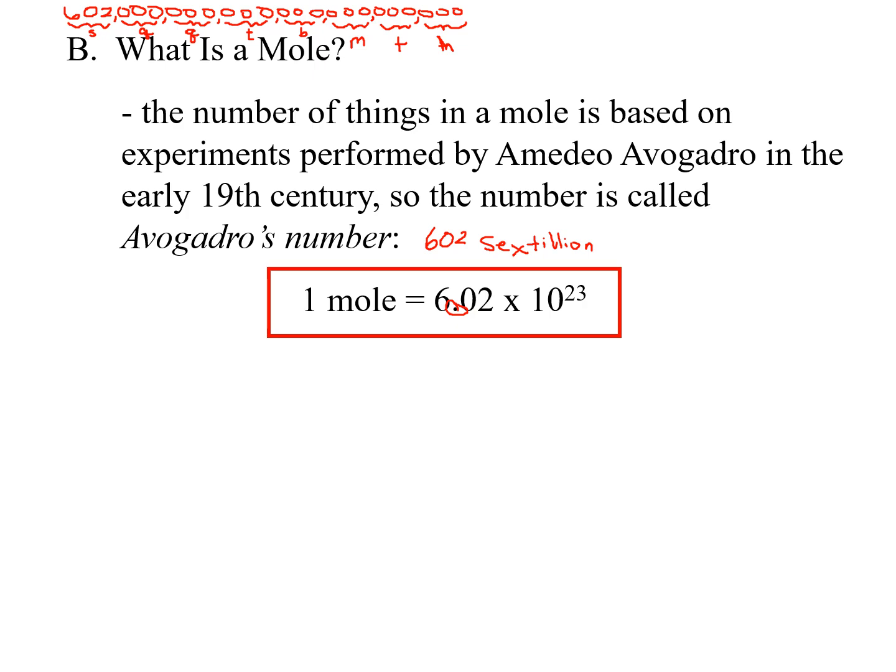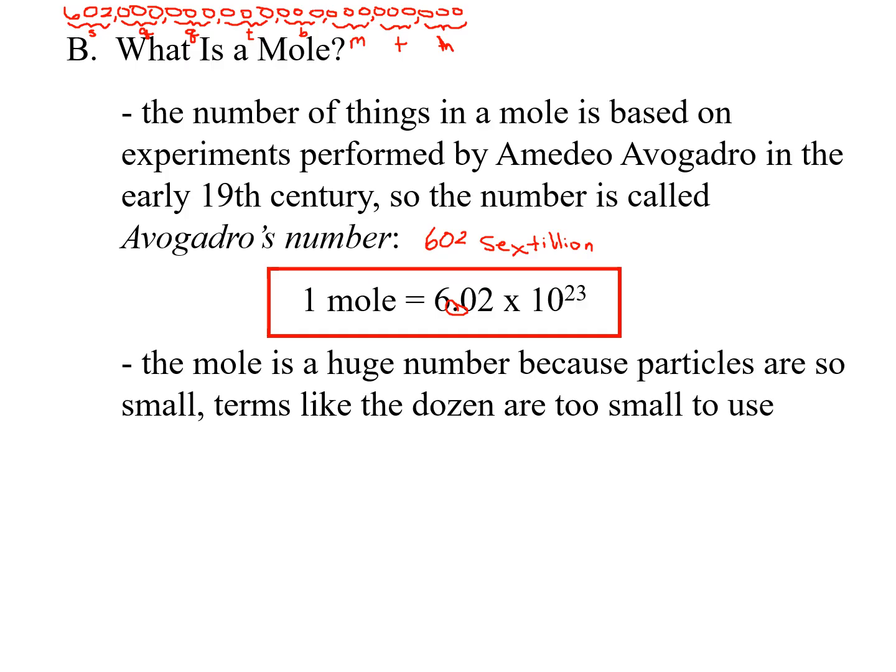So we know that this has to be a huge number like this because we're talking about super, super, super small things like atoms and molecules. 602 sextillion atoms and molecules actually isn't that much at all.